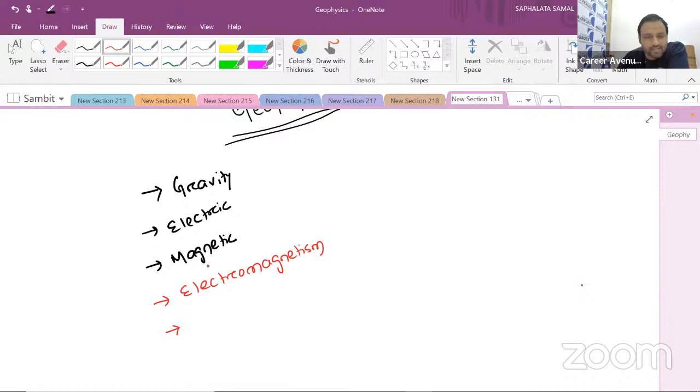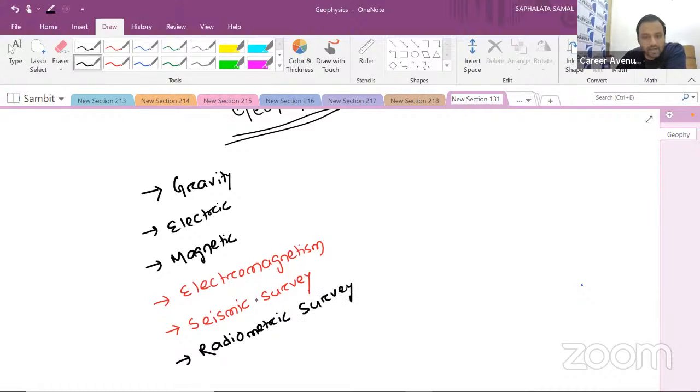Next, we will discuss the seismic survey, and seismicity inside the earth. Next, we'll discuss the radiometric survey and the geothermal survey.